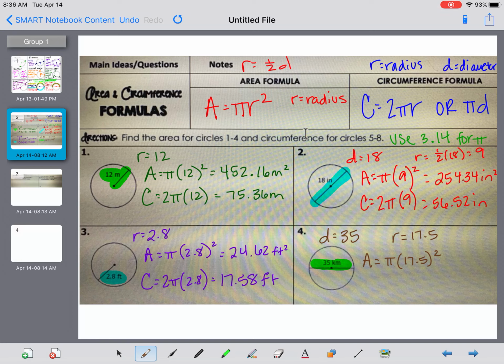Area is pi times r squared, so 17.5 squared times pi, 3.14 for pi, and we get 961.63 kilometers squared. And then for circumference, we do 2 pi r, so 2 times pi times 17.5. And we use 3.14 for pi. And we get 109.9.